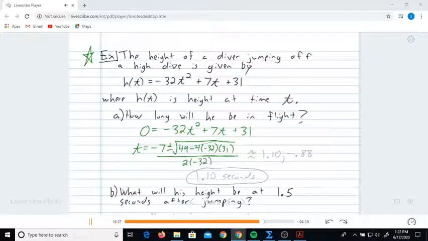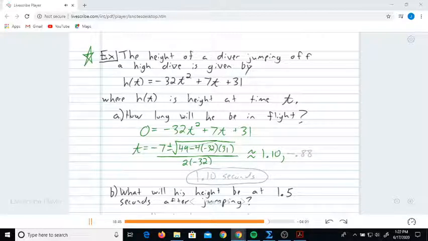Alright. And what we get is 1.10 is one answer. And let me see here. We can take negative 7 and add that value, and then divide accordingly.